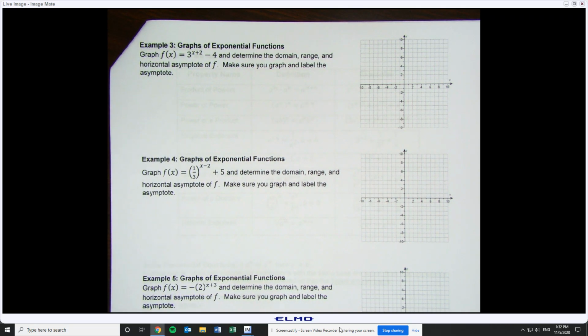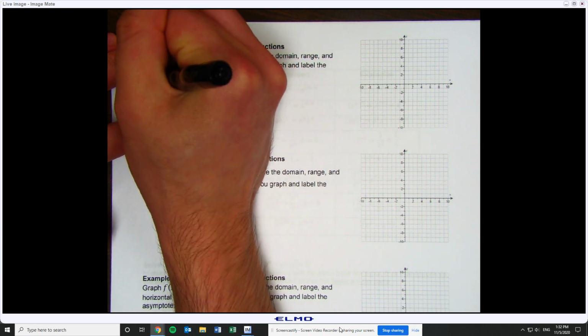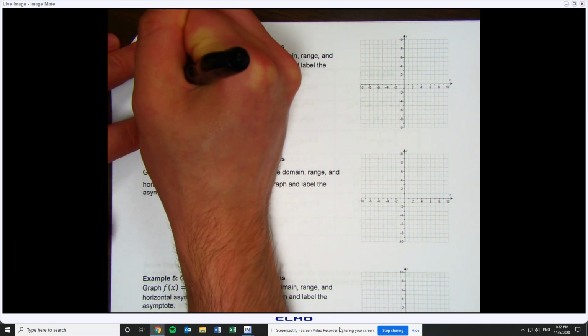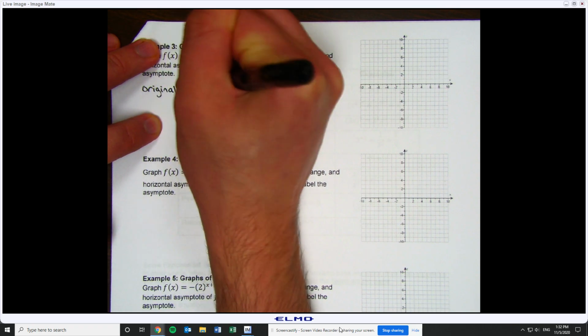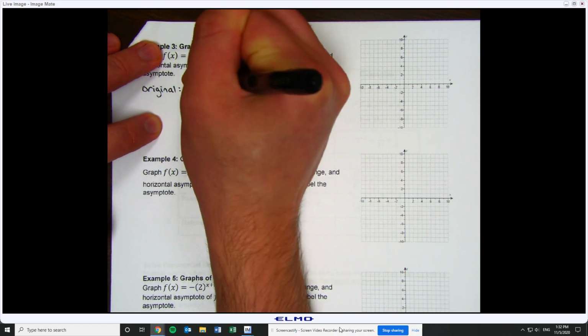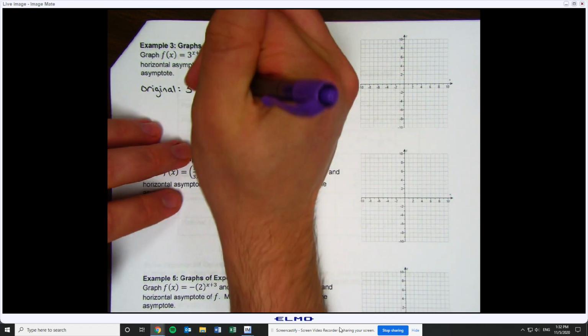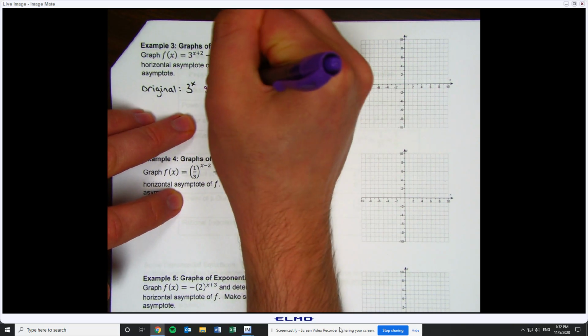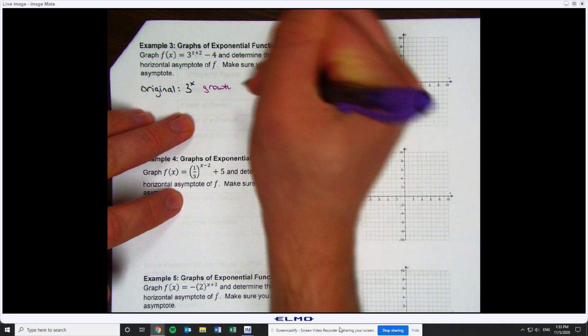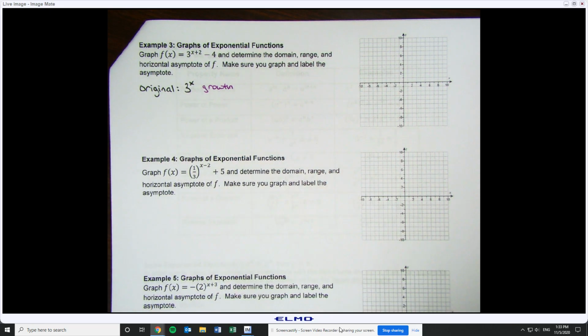Okay, well, taking a glance at this one, we know it's an exponential. Let's write down what the original non-transformed version would look like. So the original for this would be 3 to the x power. We know that because 3 is our base and it's exponential, so it would have x. This is a growth function. So we know it's going to swoop up.